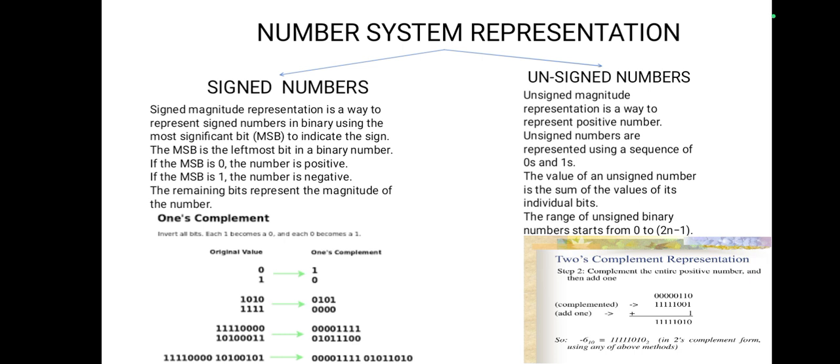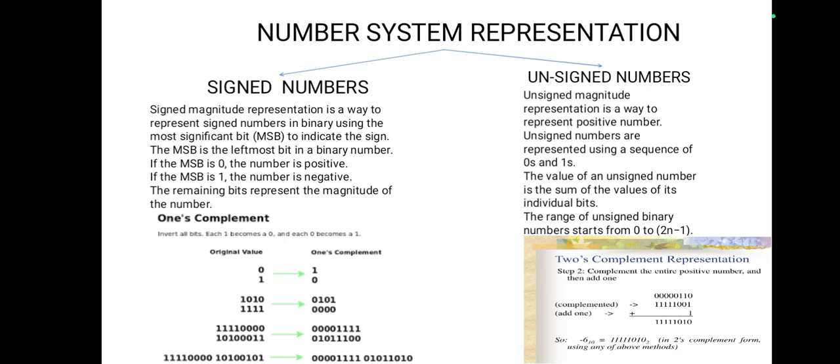Next we come to the 2's complement representation. The 2's complement representation says that if 1 is added to the 1's complement of a binary number, the resulting number is known as the 2's complement of the binary number. That is, if we get a binary number, we need to first find its 1's complement and then add 1 to it in order to get the 2's complement.